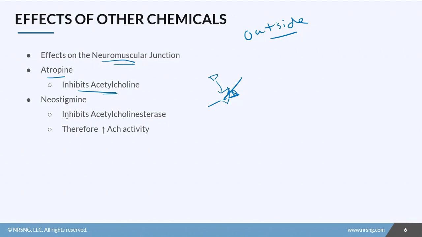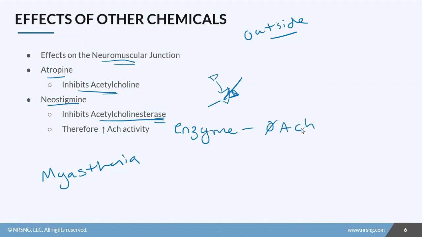Now, the other one is neostigmine or physostigmine. These are drugs used in a condition called myasthenia gravis that inhibit acetylcholinesterase. Acetylcholinesterase is an enzyme, and you know it's an enzyme because it ends in ASE. This enzyme deactivates acetylcholine once it's no longer needed. This is a normal process.